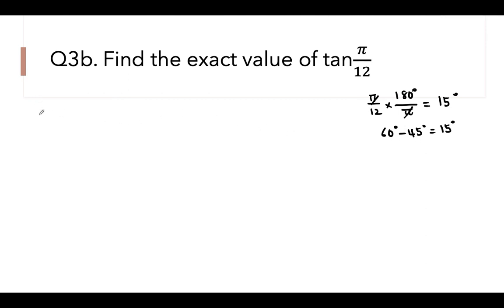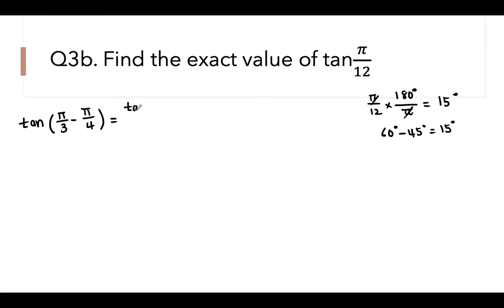So therefore, let's use the tangent formula because it's a tangent ratio of a subtraction. So tangent, it's going to be 60 is pi over 3 minus 45 is pi over 4. So let's plug in the angles into the standard formula.